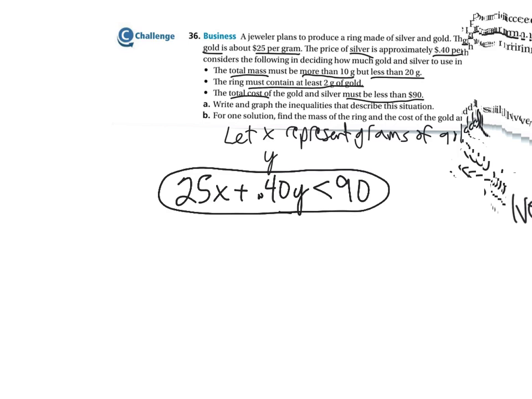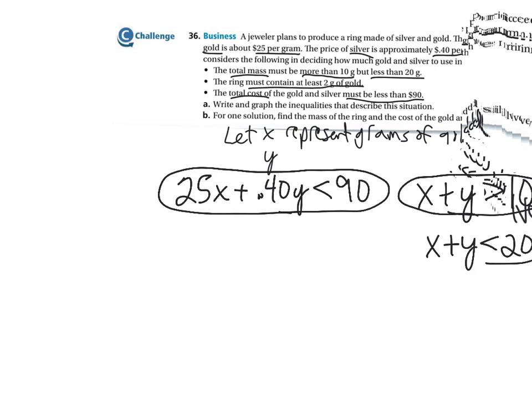We also have inequality about mass. So the total mass has to be more than 10 grams. So total mass would be adding those together. So X plus Y has to be greater than 10 would be another inequality. Has to be less than 20 grams total. So X plus Y is less than 20. That's another inequality.